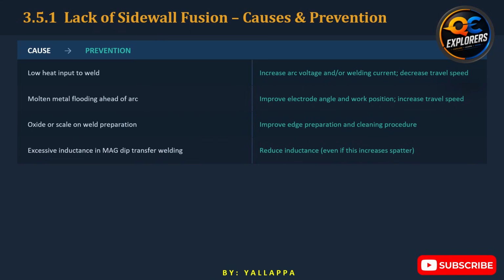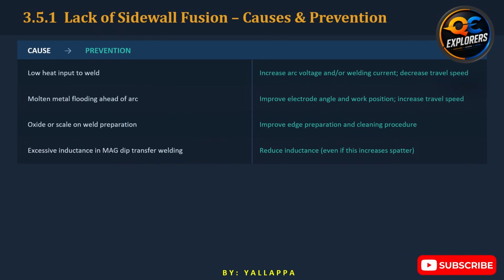Another problem occurs when molten metal floods ahead of the arc. In that situation, the arc may not effectively heat the sidewall. Electrode angle and work position therefore need to be controlled. Oxide or scale on the weld preparation can also act as a barrier. The fusion faces should therefore be properly prepared and cleaned.